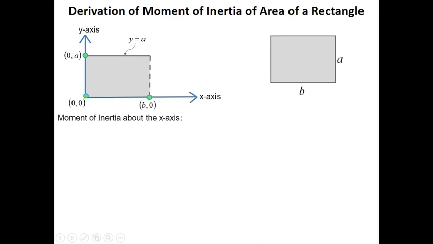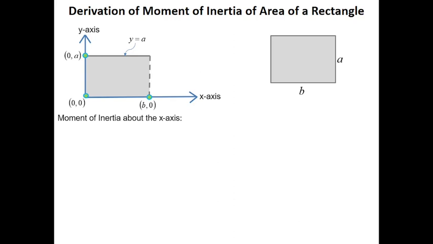So, ito muna yung ating kukunin. Moment of inertia about the x-axis bago natin kukunin yung moment of inertia about the axis wherein that axis passes through the centroid of the area and that axis is parallel to the x-axis.